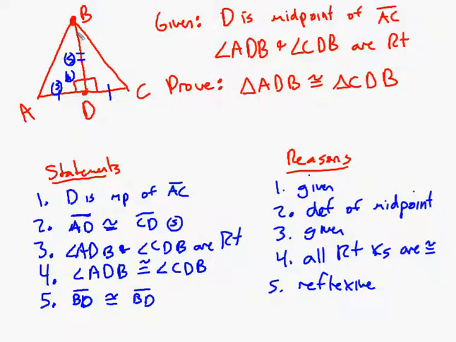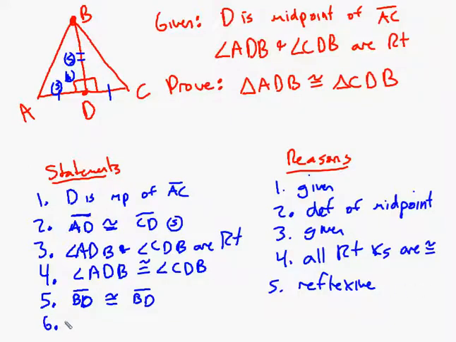Something equals itself. You could write the definition of reflexive. I think it's easier to just remember reflexive means something equals itself. But if you forget that word, you could write something is equal to itself.